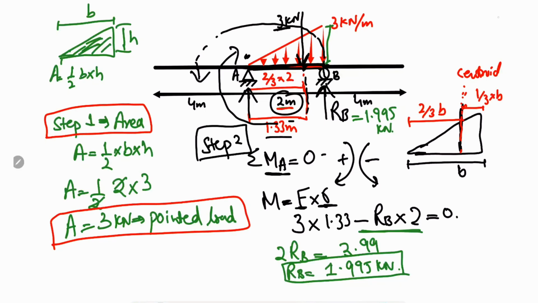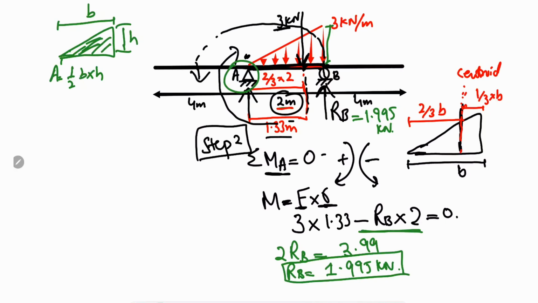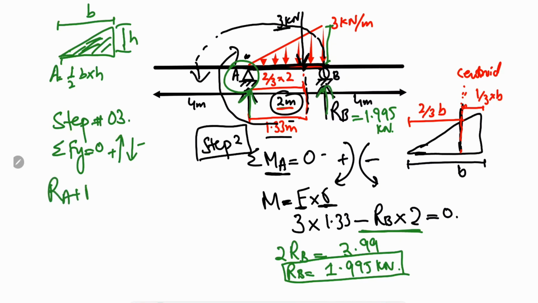Now in step 3, we are going to find out this support reaction RA. It will be summation of vertical forces equal to 0, and upward forces will be positive and the downward forces will be negative. So upward forces are RA and RB, both acting in upward direction, and downward is this force, 3 kilonewton.